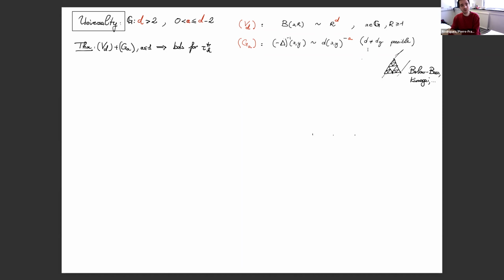Okay, I should also say that these two conditions don't fall out of the sky. They're in fact extremely natural. For instance, if they're true with respect to the graph distance, then it's a well-known theorem by Grigor'yan and Telcs that these two things are equivalent to two-sided heat kernel estimates for the walk.